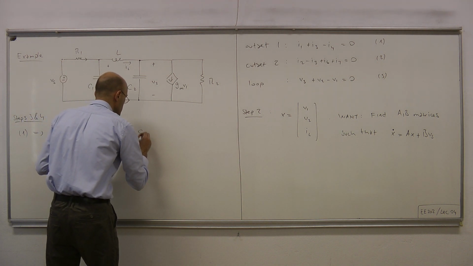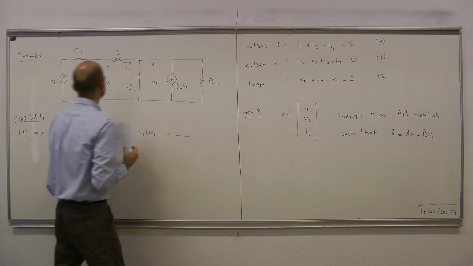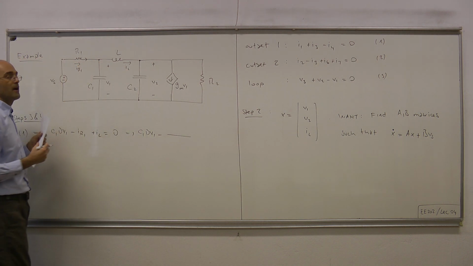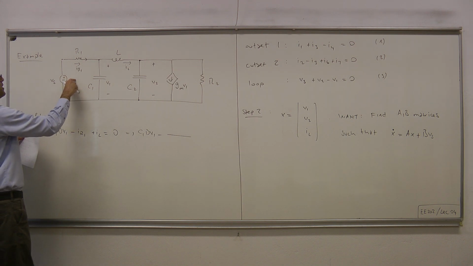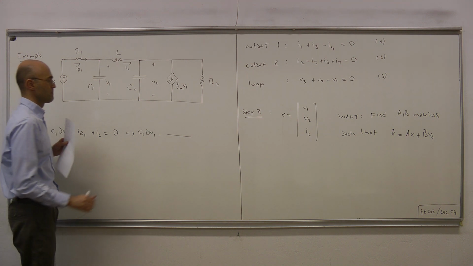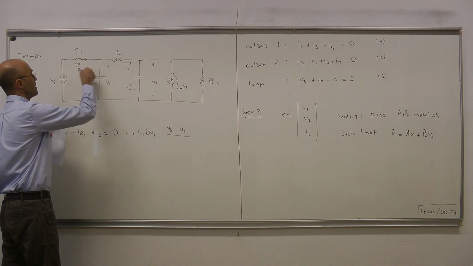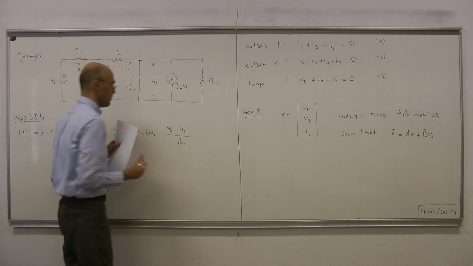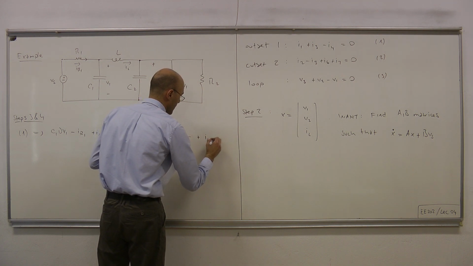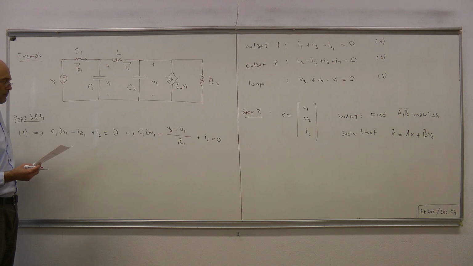So what we have is C1 dV1/dt, minus IR1. What's IR1? IR1 is this voltage minus this voltage, divided by the resistance in between. So we have Vs minus V1, divided by R1. Plus IL equals 0.